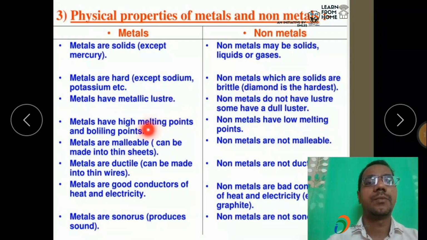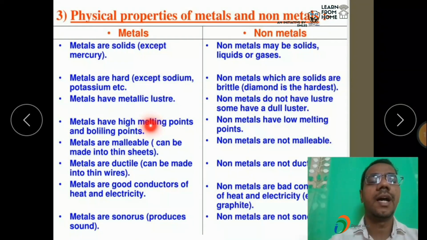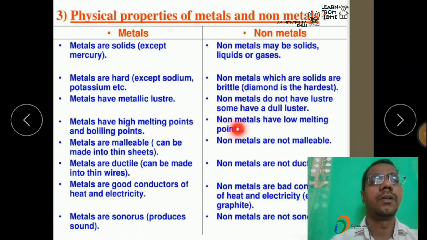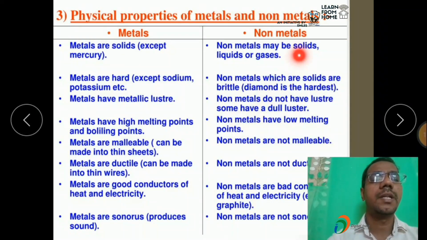The next point, metals have a high melting point. As they are present in the solid state, they are hard, and if they are hard, they require a large temperature to melt. That's why metals have a high melting point. But non-metals have a low melting point. Those in a solid state have a slightly high melting point.